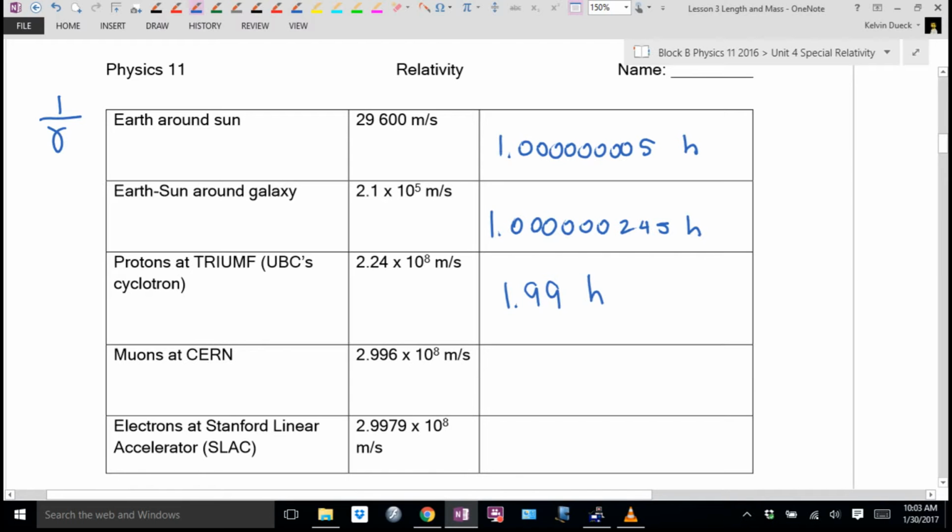At CERN, they get muons going 2.996 times 10 to the 8th. Now we're getting pretty close to the speed of light, which is 3 times 10 to the 8th.